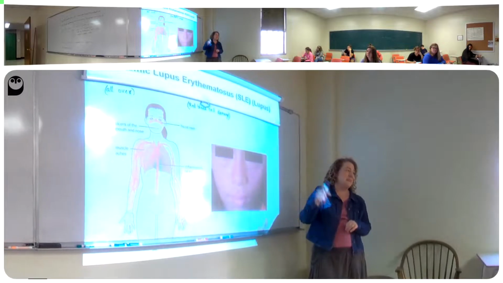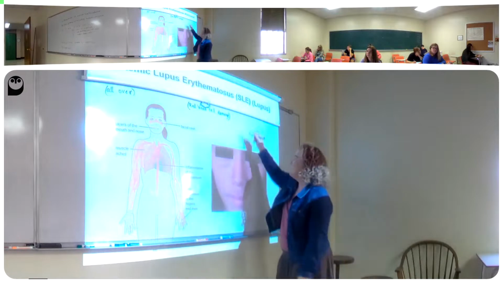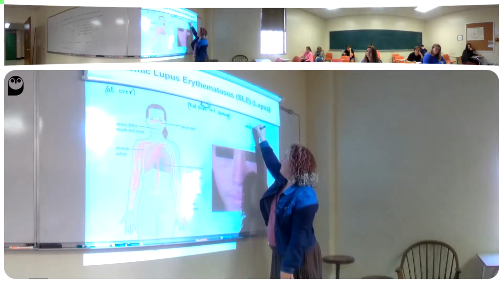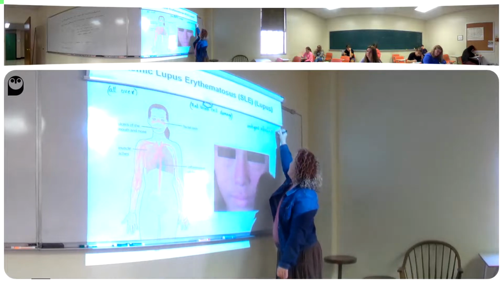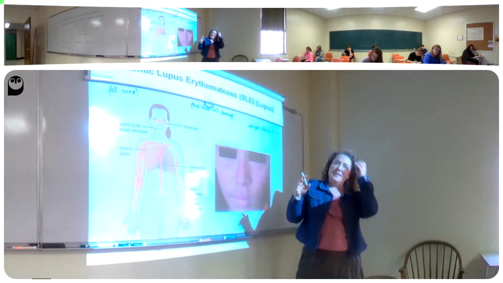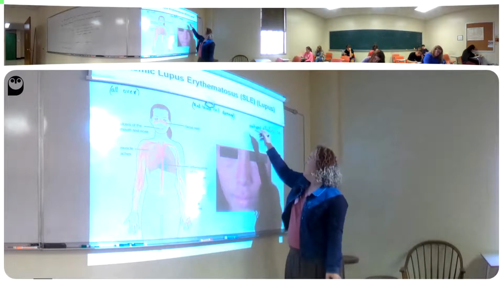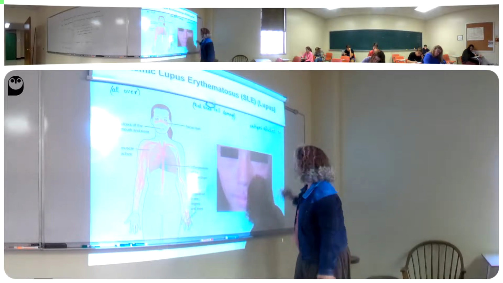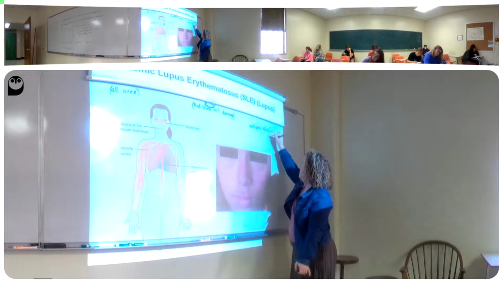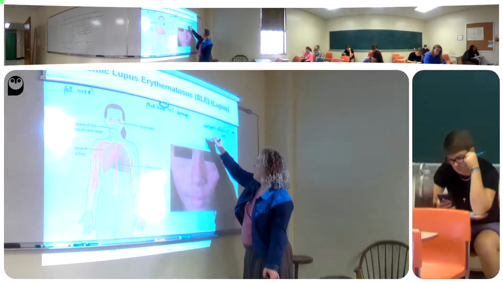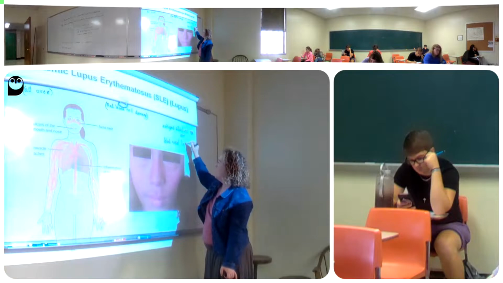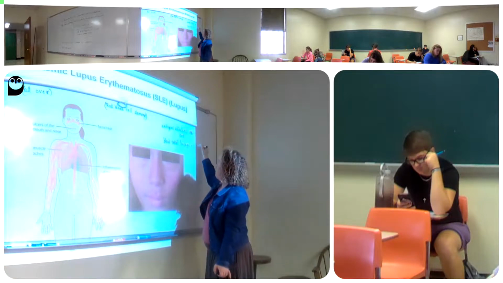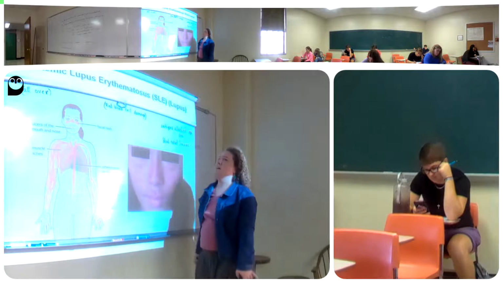This is one of those biology facts that I was astonished when I learned this. The antigens that are getting attacked in this, this should say R, are blood vessel linings and DNA.